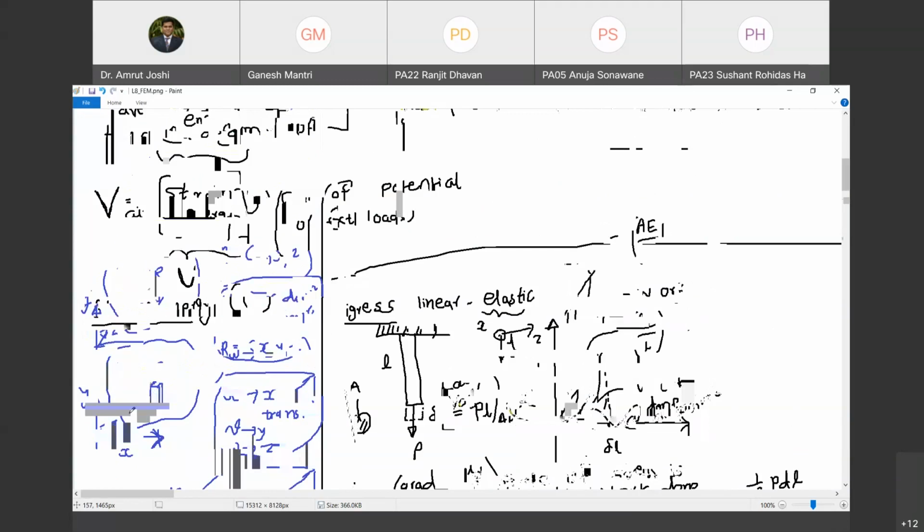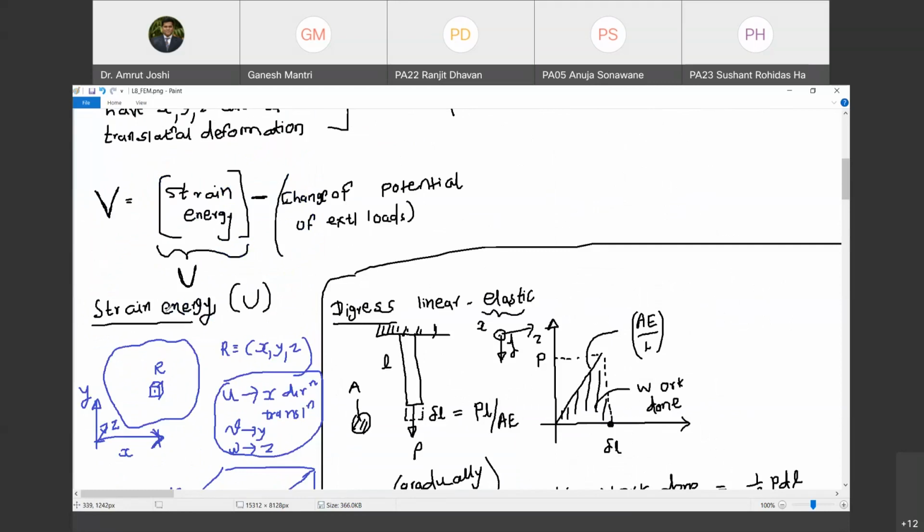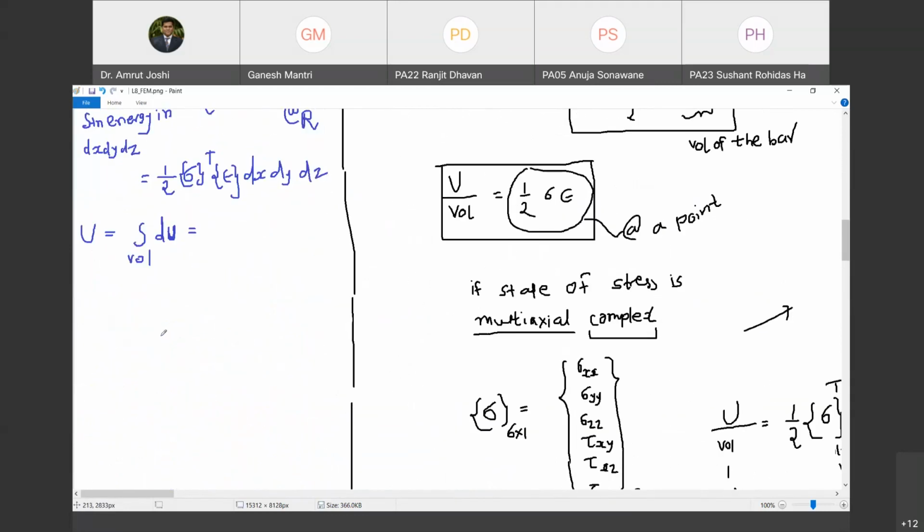What should be the total strain energy stored? Therefore, the total strain energy stored must be the integration of dU over the entire volume. Do you agree with me? Yes, sir. It is not dV, it is the integration of dU. dU is the strain energy stored in this infinitesimally small geometry. If I integrate it over the entire volume of the body, I should get the strain energy stored in the entire body. Agreed? Yes, sir.